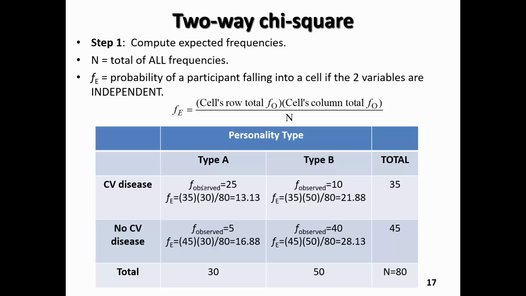Coming back to our data that we saw on slide number 16, our observed number of type A with cardiovascular disease is 25, type B is 10.